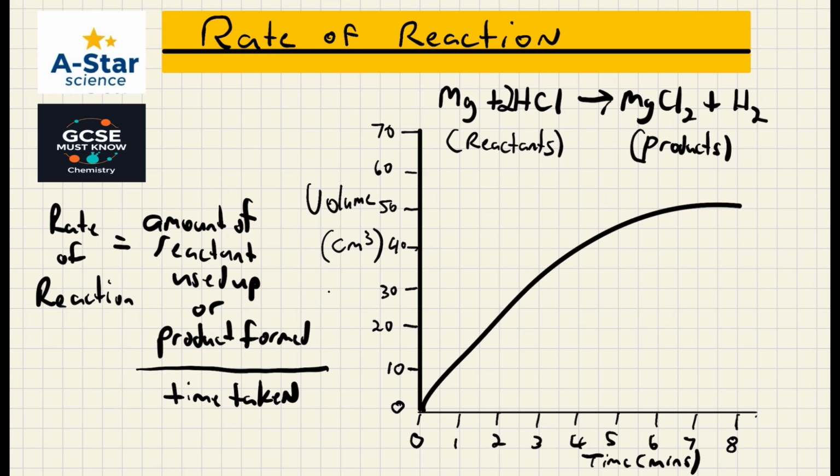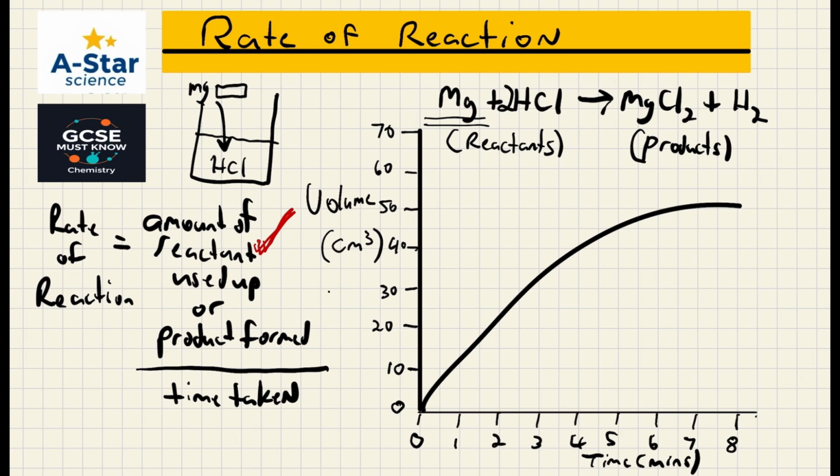So in this case, for example, we are using up magnesium. So if we added the magnesium to some hydrochloric acid, maybe a chunk or a ribbon of magnesium, we would see that magnesium start to fizz and dissolve. And that would be the amount of reactant used up over time.